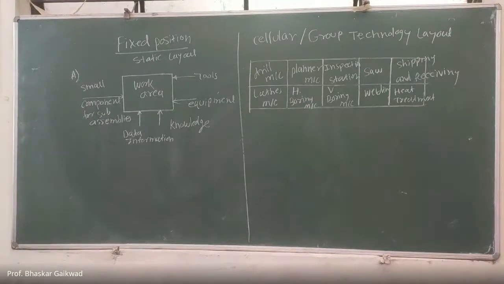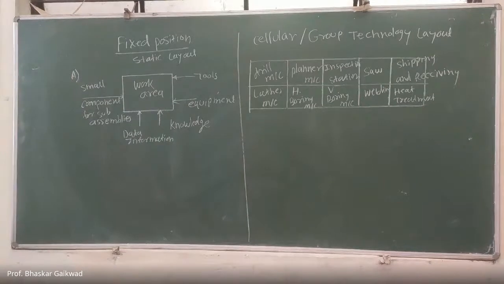There is a drilling machine cell, a planer cell, a lathe cell. That's why the name is given cellular or group technology. Group means grouping of similar types of machines at one place. So this is the diagrammatic difference between fixed position and group technology layout.